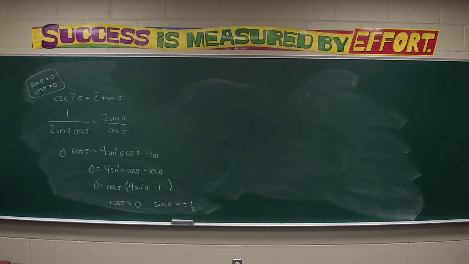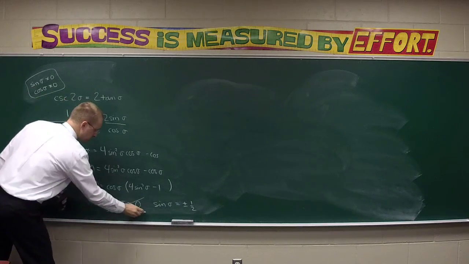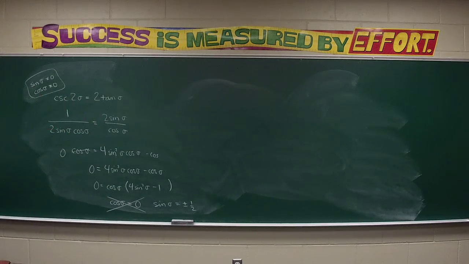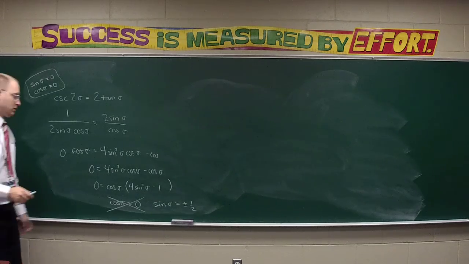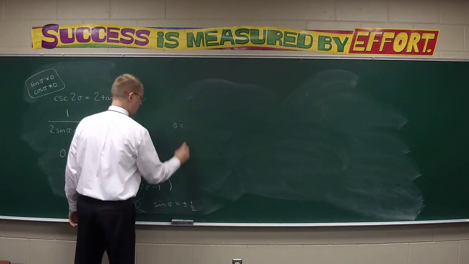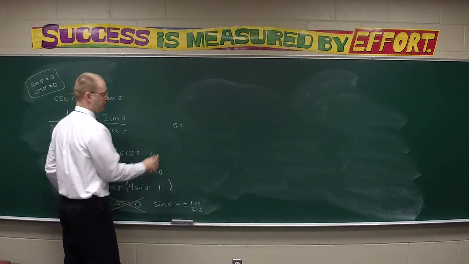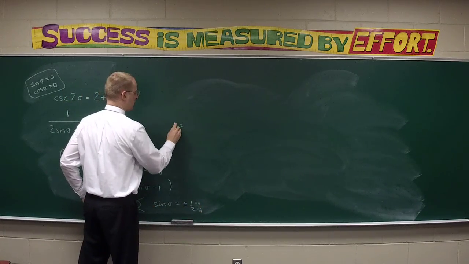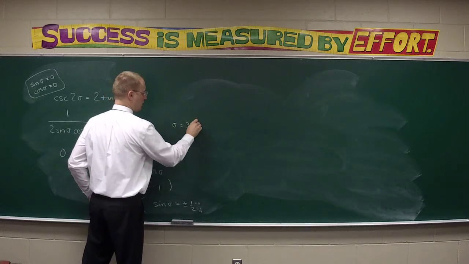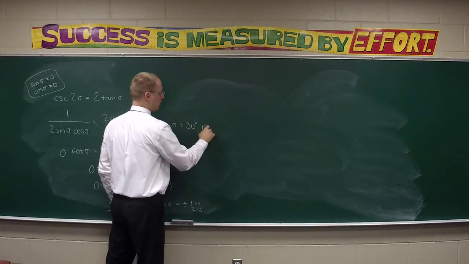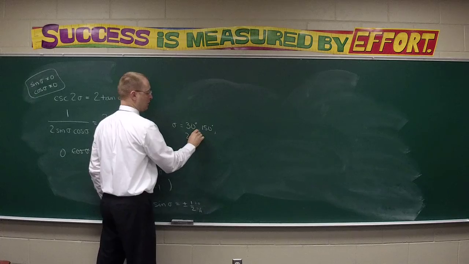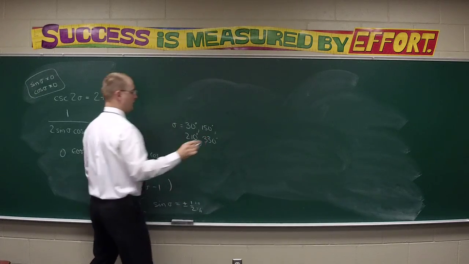And let's see, we cannot have the cosine equals 0. And then the sine is also over hypotenuse, so that means that it's 30 degrees. And it's going to be all four quadrants, so we'll have 30 degrees, 150, 210, and 330. And there we go.